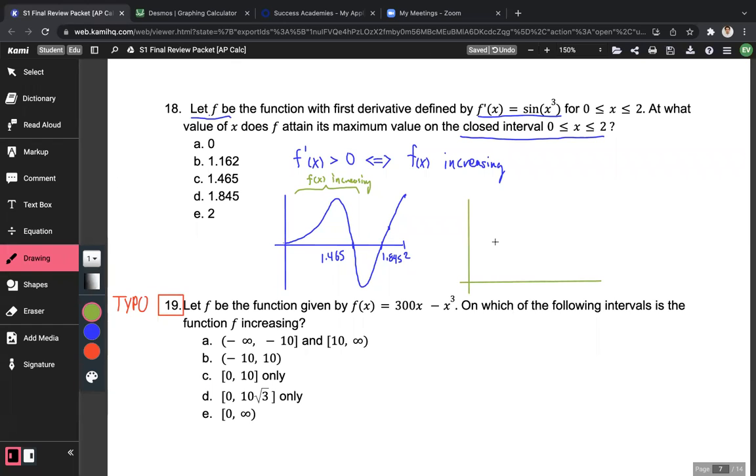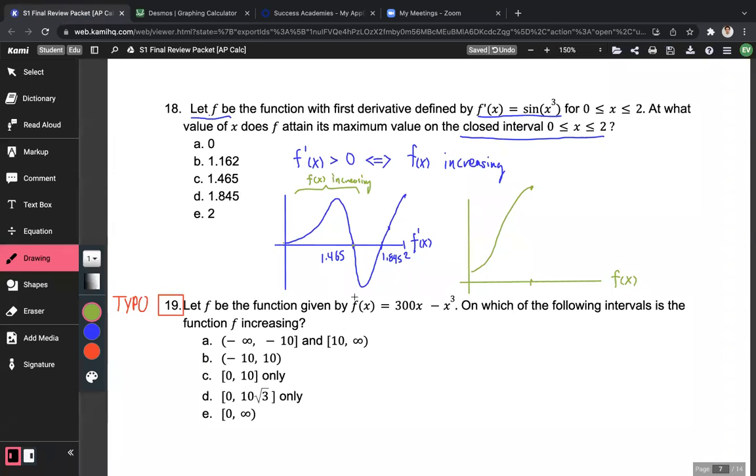But I know that from 0 to 1.465, this thing is just really blowing up. And then at 1.465, f prime of x is equal to 0, which means I'm going to have a horizontal tangent line. I'm going to label this as my graph of f of x, and this as f prime of x. Again, I'm just doing some rough sketching here to help me visualize.